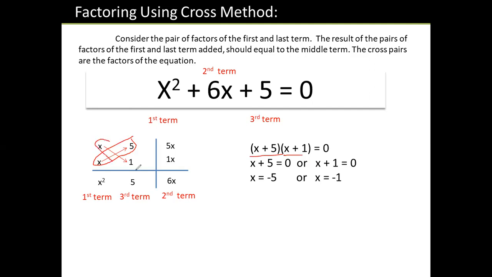So x plus 5 equals 0 or x plus 1 equals 0. Then transpose so that you can get the value of your x.